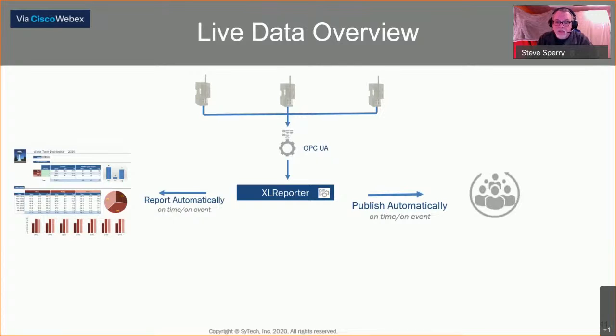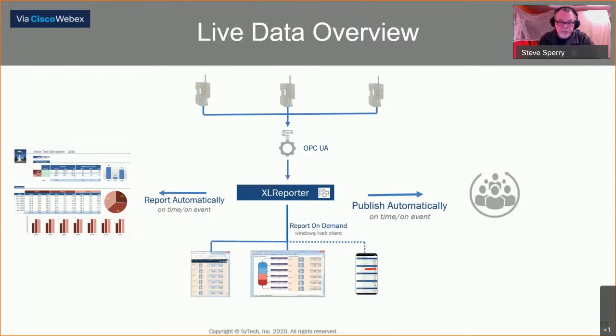So again, these are timed events, day, time, month, that kind of thing that can be triggered in order to establish an automated report for engineers and operations to consume without having to go in and manipulate the data on their own. And then lastly, having the ability to do reports on demand with either mobile or a web client.